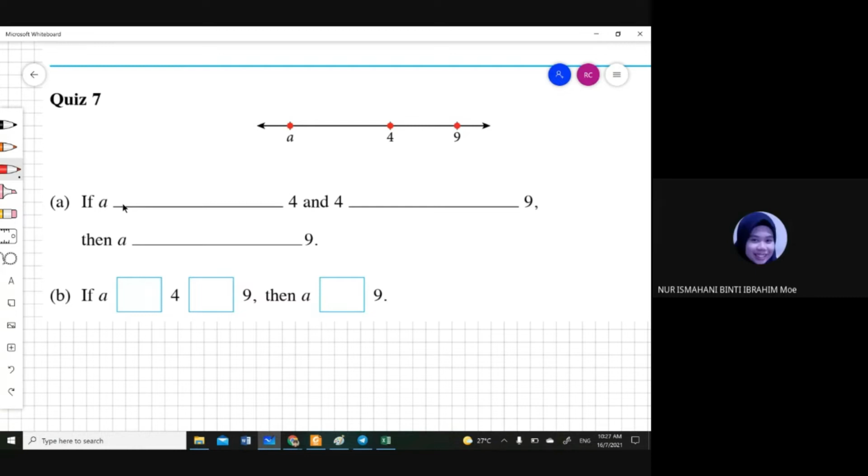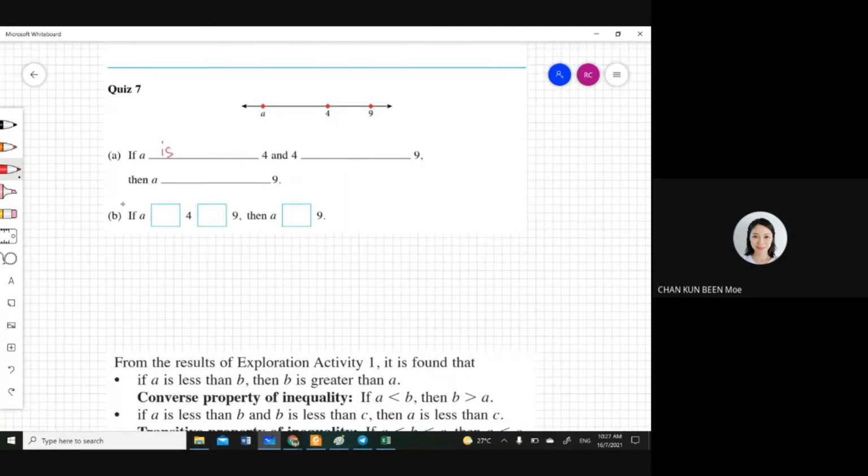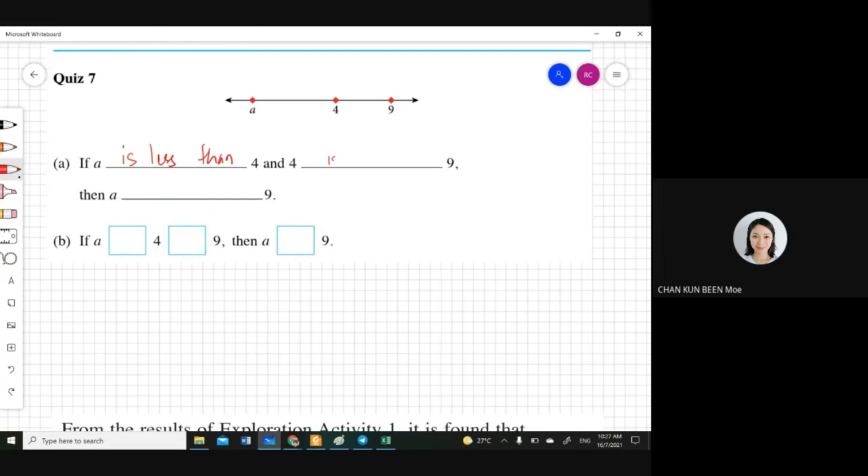Smaller, right? So we use is less than. And 4 also is less than 9. Now A and 9. So compare A and 9. So conclusion, A is less than 9.